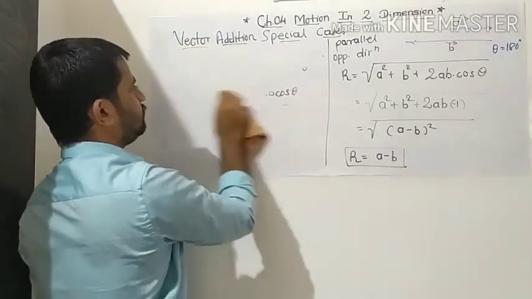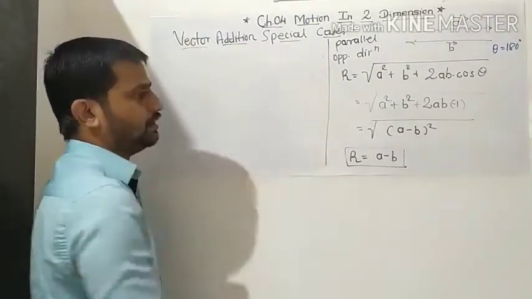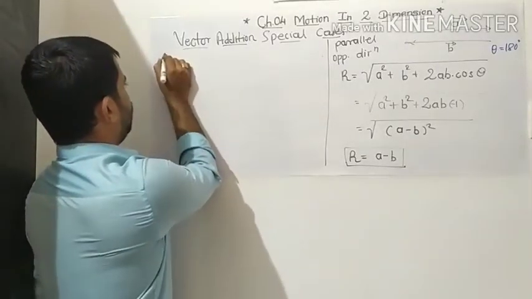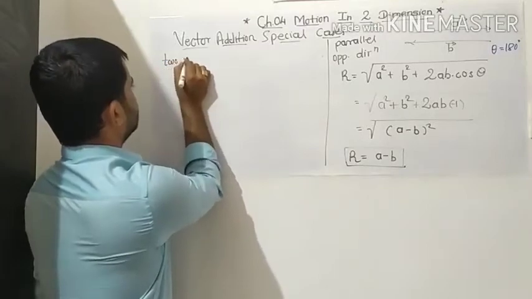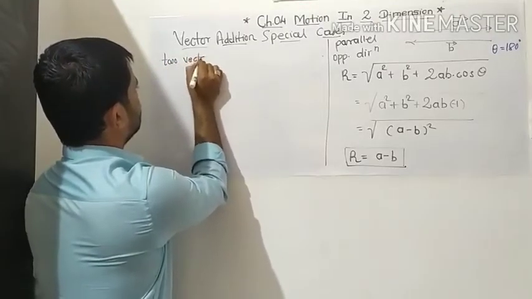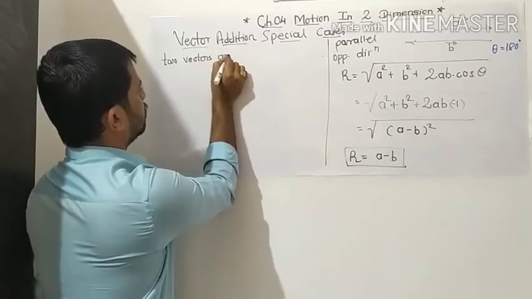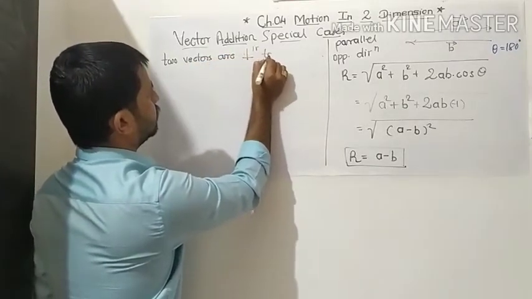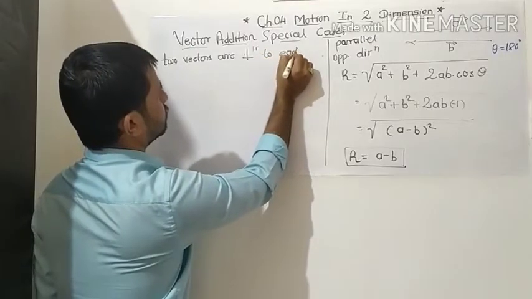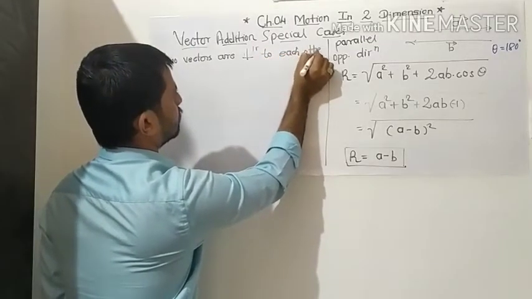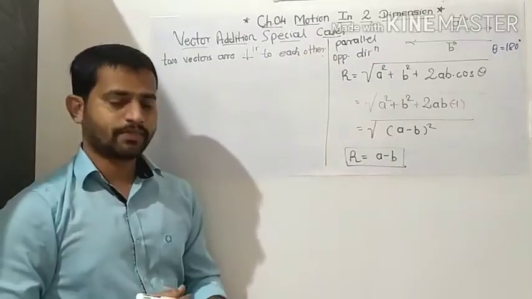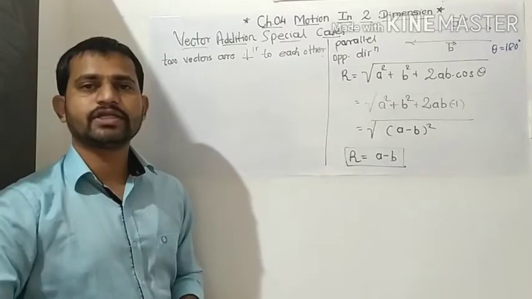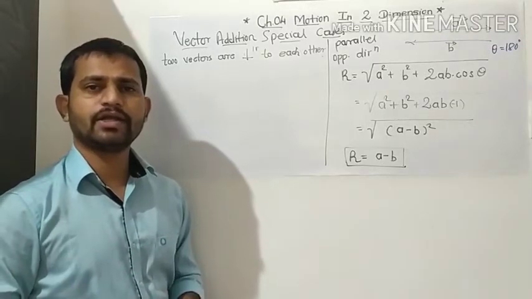So the condition here is that the two vectors are perpendicular to each other. When the two vectors are perpendicular to each other, how can we find out the resultant? We can apply the law of triangle here.